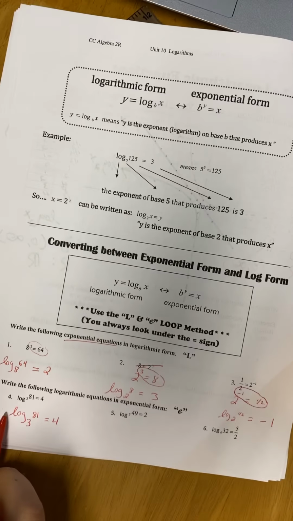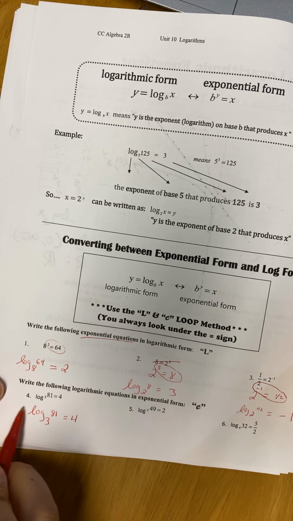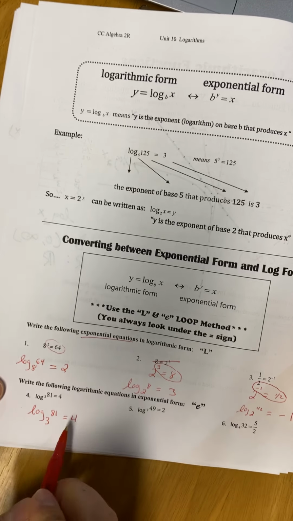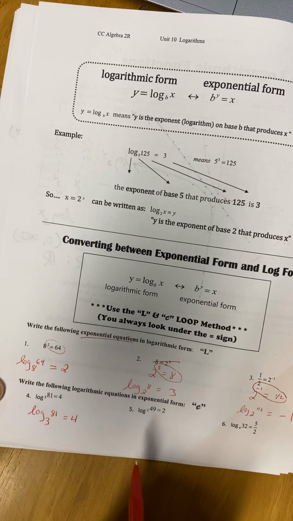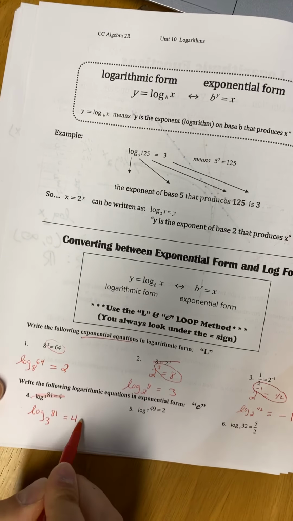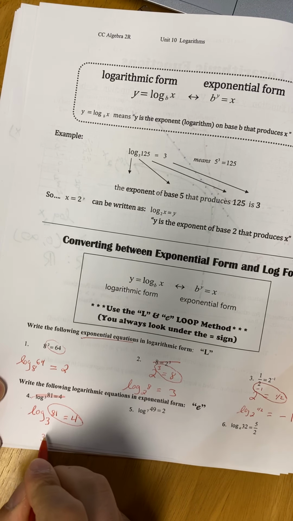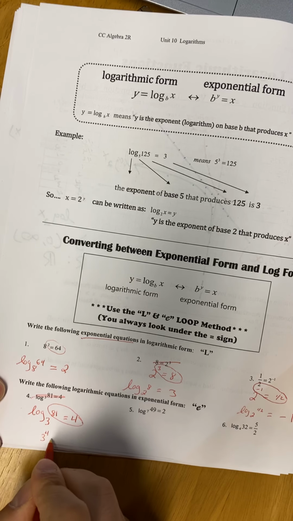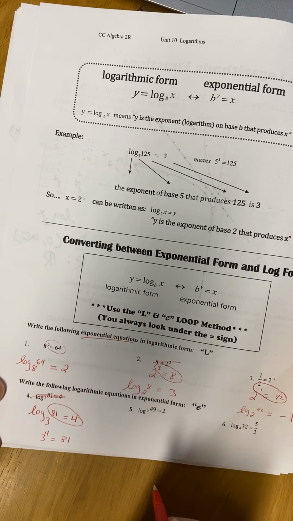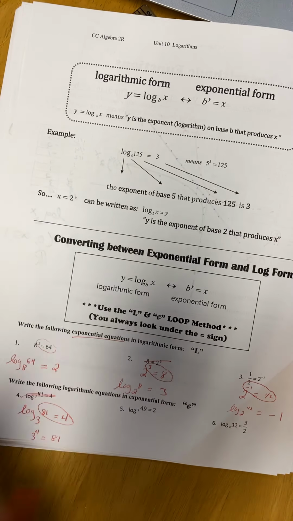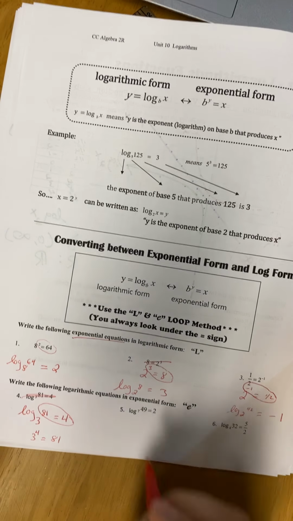So the 81 is on the same line as the log, and the 3 is a subscript, and then equals 4. So because there's a log, circle, but now that I'm making the switch, I don't write the log again. You either take the log or delete the word log whenever you make the switch.